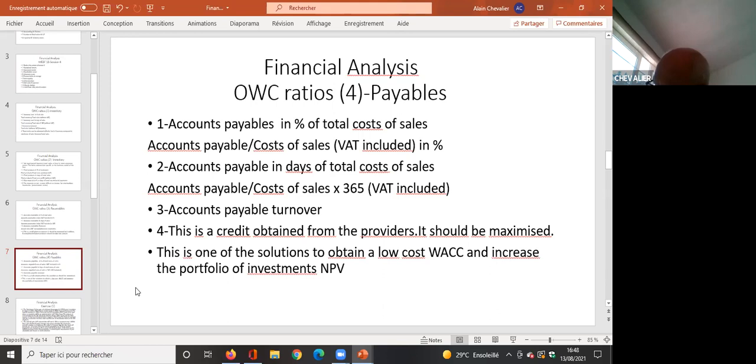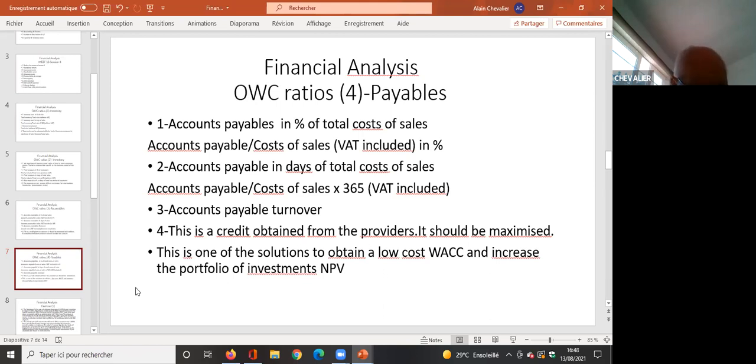The second problem is about the workers and the staff. It's also a problem because it's a bit like receivables. If you limit or pay later the premiums, for example, probably it will not be very well accepted by the workers.